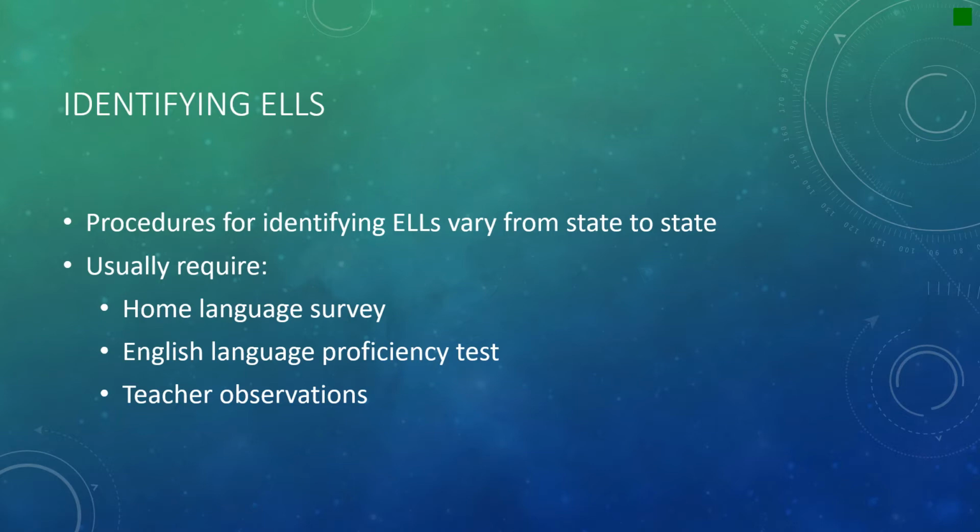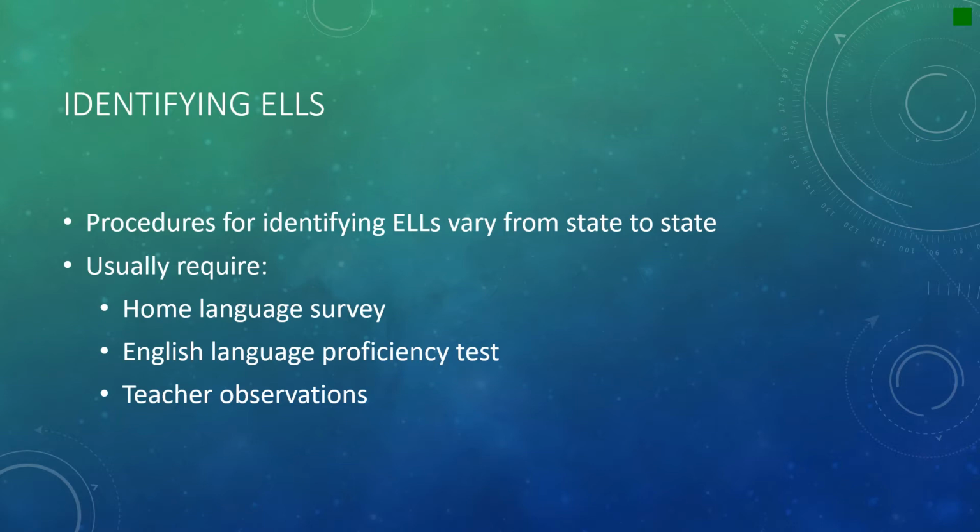My own daughter, when she went into kindergarten, I had to fill out a survey, and one of the questions was what language is spoken in the home, and I put English, so that was all that needed to be done. However, if I had put Portuguese, for example, as my brother will do when my niece goes into kindergarten, then they would give that child an English language proficiency test. Based on how they do on that test, they may or may not label them as limited English proficient.